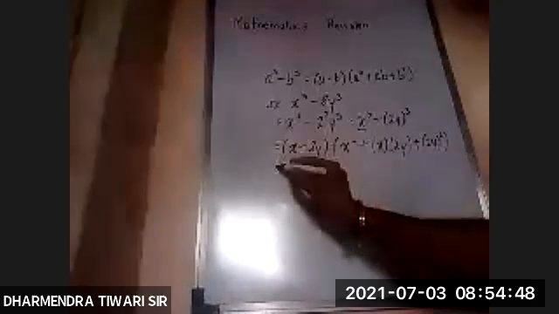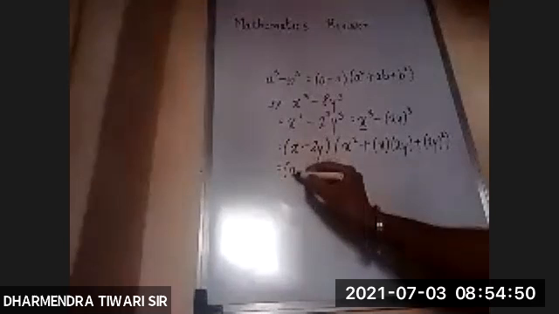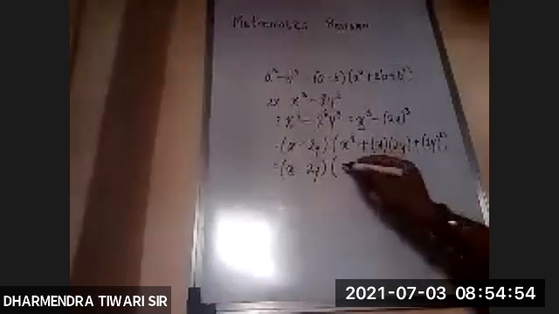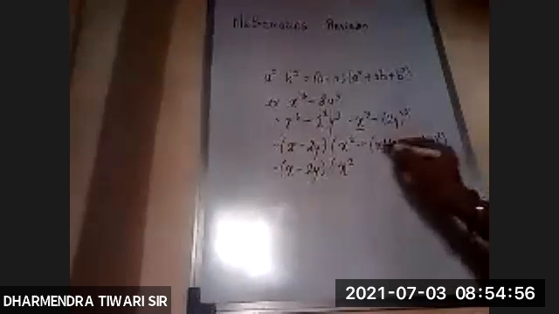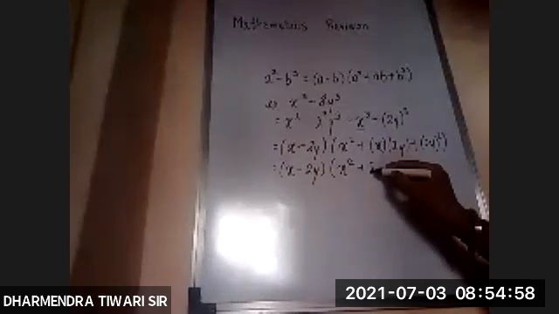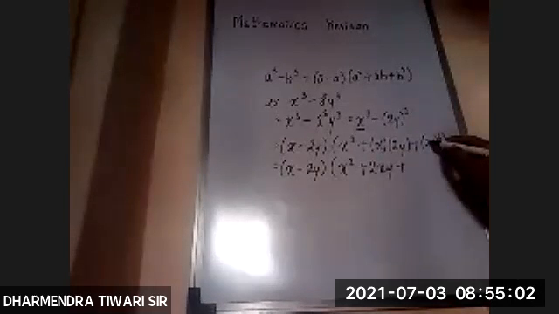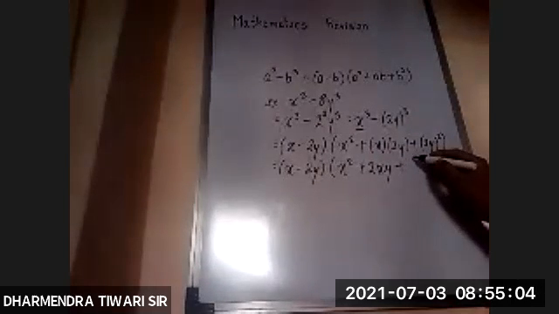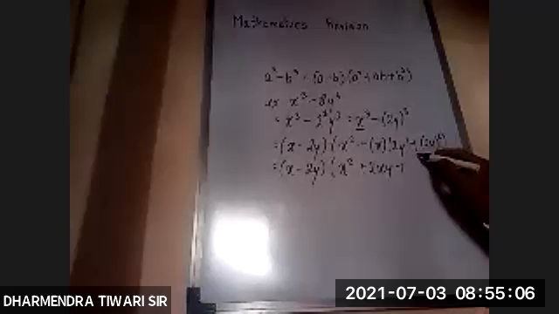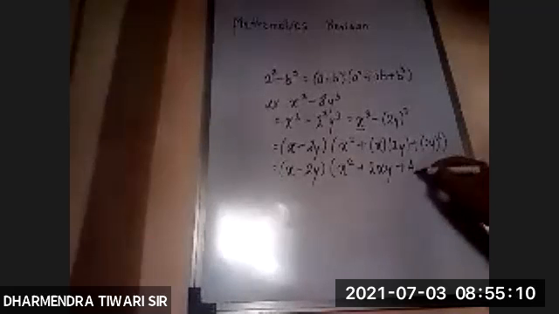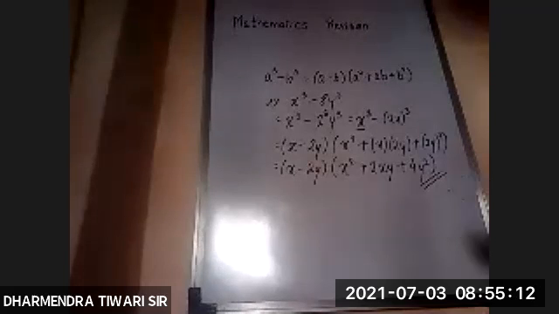So this is nothing but x minus 2y in bracket, x square plus x into 2y, which is 2xy, plus 2 square y square. If you want, you can write 2 square, or you can write directly 2 square is 4, after that y square.